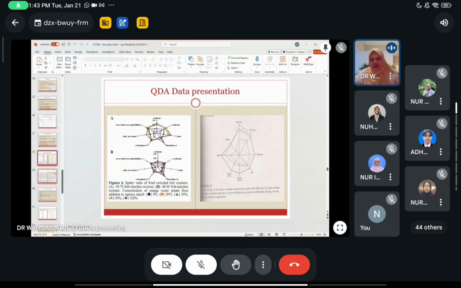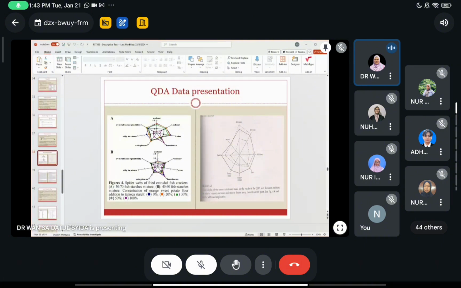It will be very good if you can suggest 5 attributes, because the spider web will be easier to draw. How about the size? The size of the spider web is the same as your line scale, so it should be 15 centimeters.